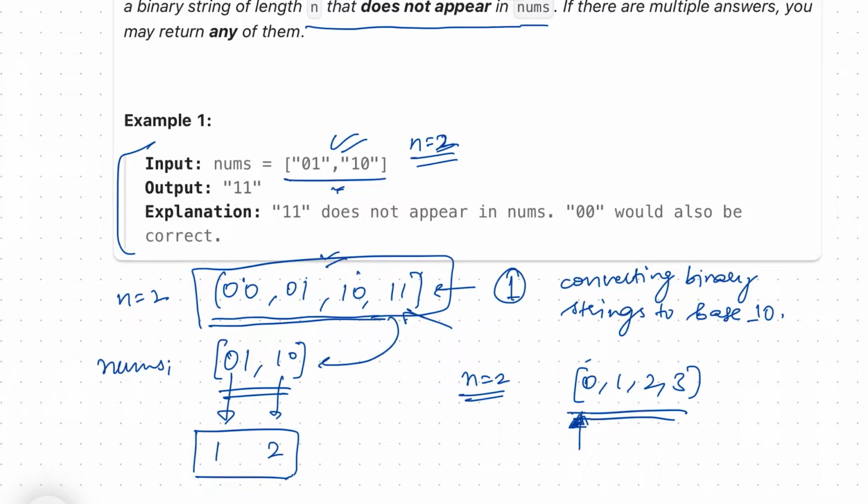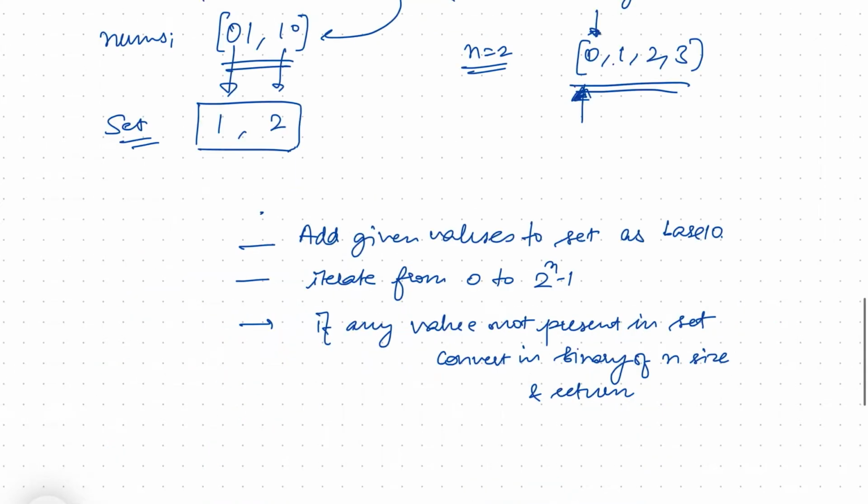So we iterate over 0, 1, 2, 3. 0 is not present in that set, which means we can return 0 as an answer. Later on we will convert 0 to base 2 as a binary string. So this can be the approach.